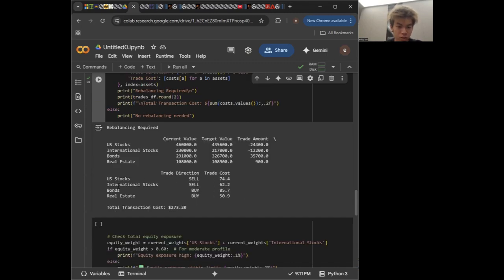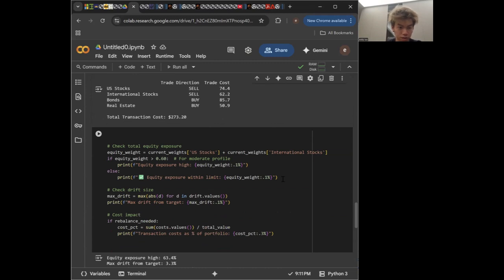It also shows the transaction cost of selling and buying these assets, and the total cost of this rebalancing is $273.20.